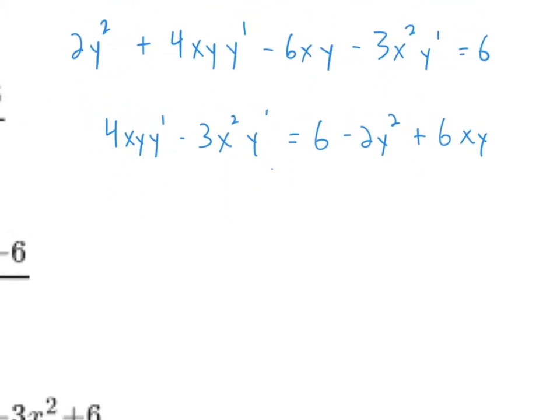Okay. Now we'll factor out this y prime since it's common to both of those. And by now we could probably look at the answer choices and see which one's going to be right. All right, and then divide by this thing that was left over when we factored out the y prime.